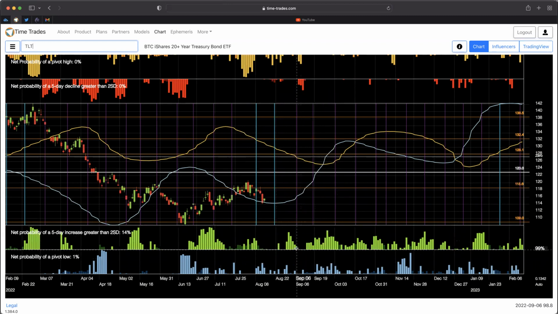And yes, I can see here that around August 30th, we've got a big cluster of green. So why am I ignoring that? Well, I guess I'm not really ignoring that. I know it's there. But one of the things that I do like to do is see how things are fitting with recent actual prices. So we've got a pivot high aligning with the early August high.